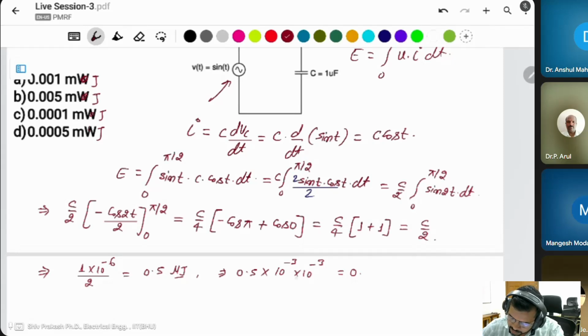You can say this is known as millijoule, and this will be 0.0005 millijoule. Okay.